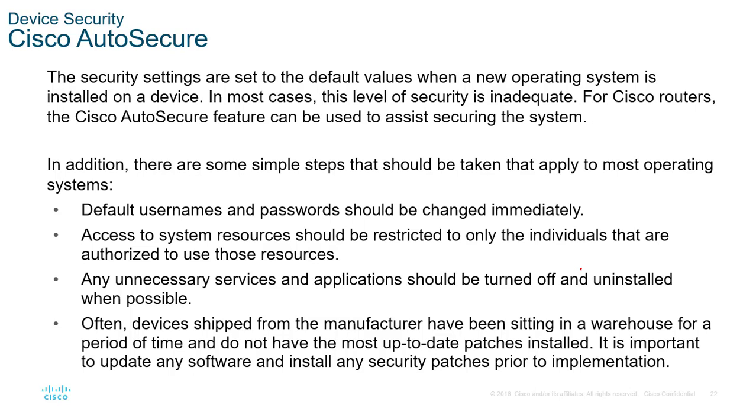Any unnecessary services and applications should be turned off and uninstalled when possible. Often, devices shipped from the manufacturer have been sitting in a warehouse for a period of time and do not have the most up-to-date patches installed. So it's important to update any software and install any security patches prior to implementation, prior to putting it out onto the live network.